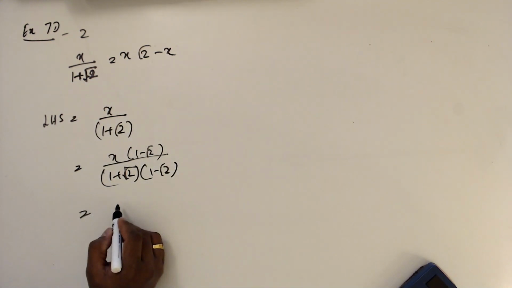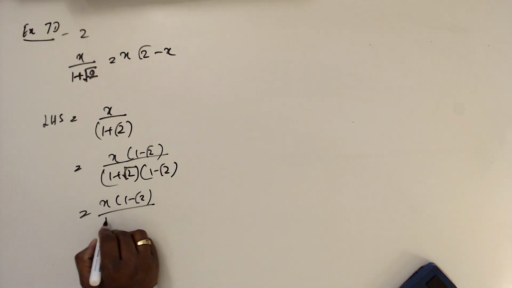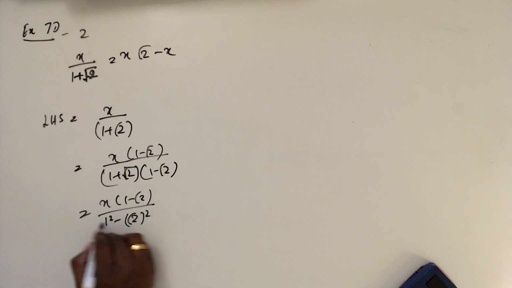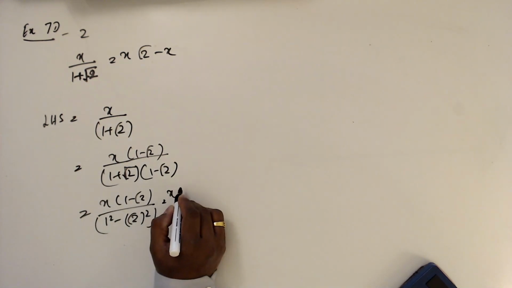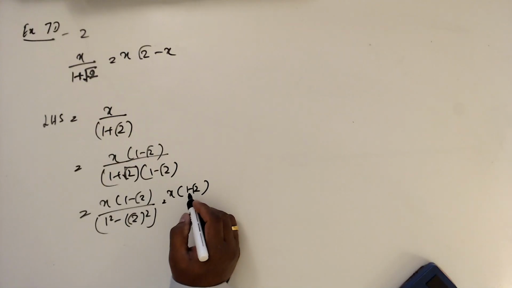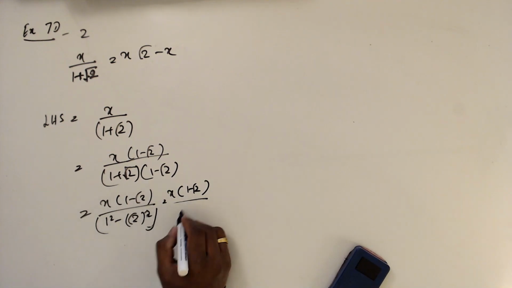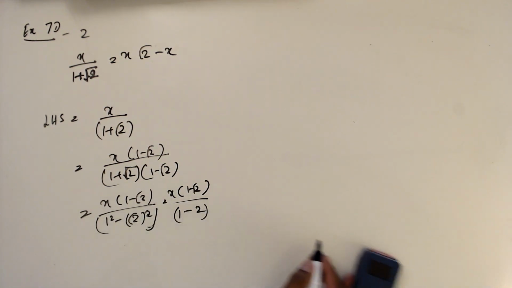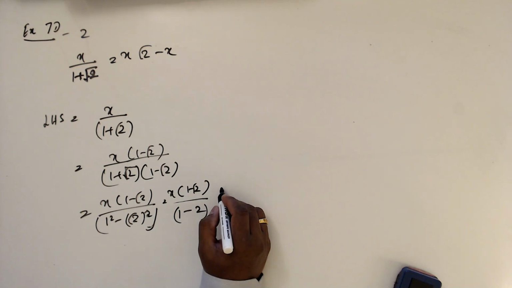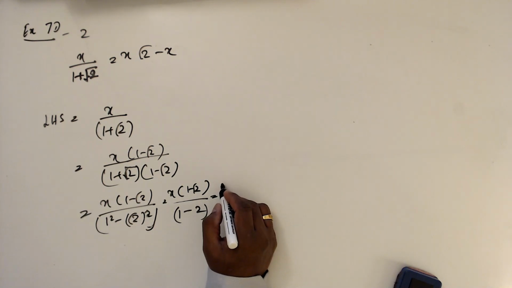So the answer is x times 1 minus square root 2 over 1 squared minus square root 2 squared, a difference of two squares. x times 1 minus square root 2, over 1 minus 2, which is minus 1. I'll explain this one again.